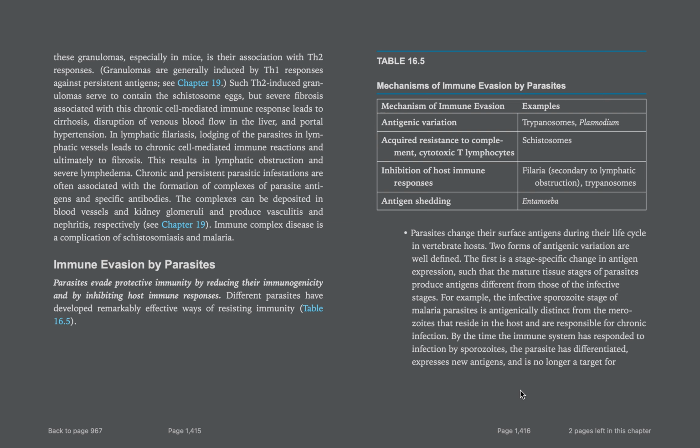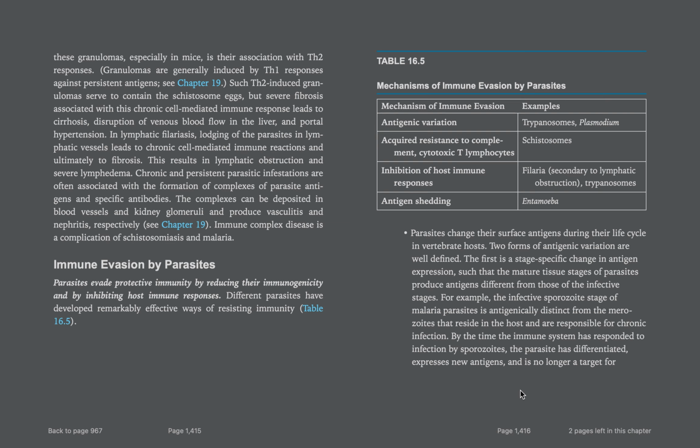Granulomas are generally induced by a T helper 1 response against persistent antigen. Such T helper 2 induced granulomas serve to contain the cytotoxic eggs, but severe fibrosis associated with this chronic cell-mediated immune response leads to cirrhosis, disruption of venous blood flow in the liver, and portal hypertension.